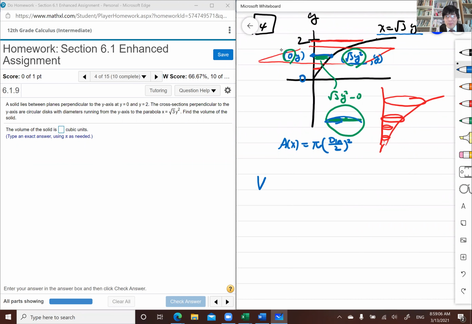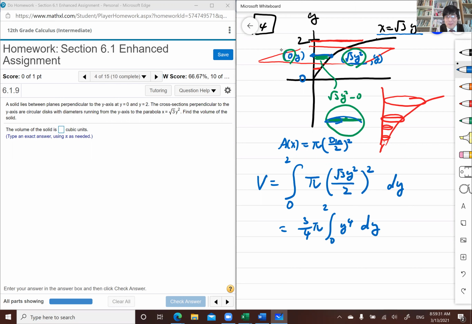To find the volume, we just integrate from 0 through 2 in the y direction. Now the area will be pi times the radius squared, where the radius is the diameter divided by 2. So it's going to be 3 pi over 4 times y to the 4th.